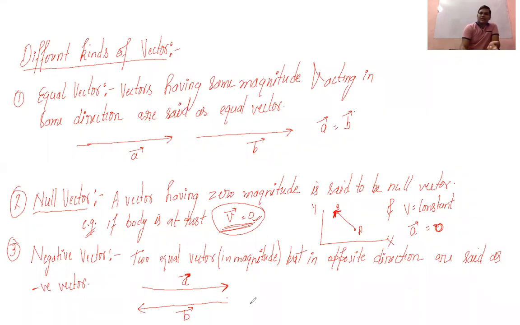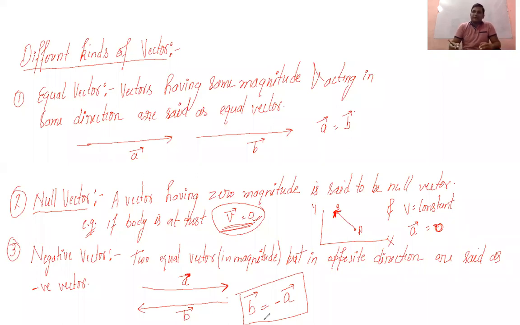So you can write here B vector is equal to minus A vector. It means the magnitude of B vector and A vector are equal, but the direction is reverse. Okay? A vector is equal to minus B vector can also be written. That can be written.